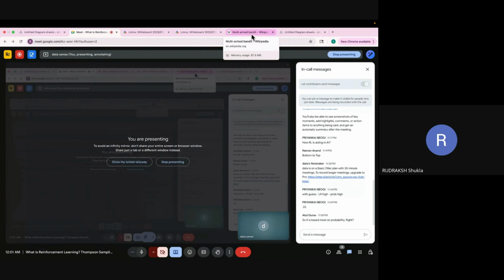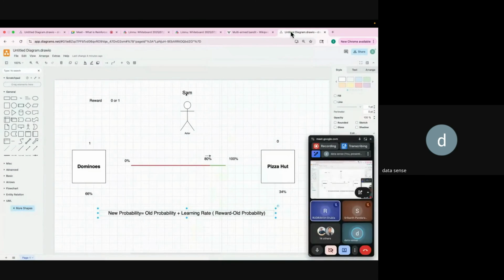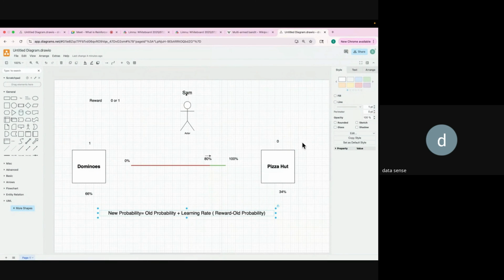So, what is the difference between RL and neural nets? Does RL use neural nets as an underlying principle? No, it is not necessary that it uses neural networks. There can be RL without a neural network. There can be RL with a neural network as well.